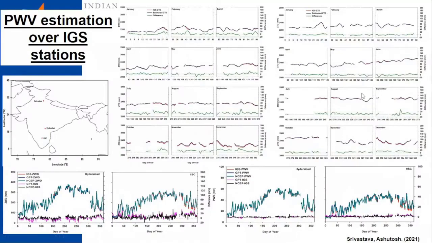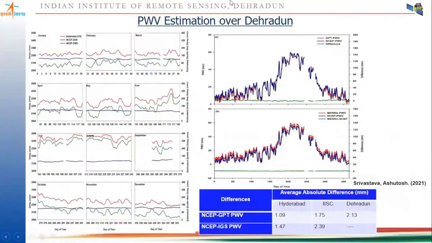Once we had proved and developed this complete mechanism, we also applied it to our newly established station at Dehradun. We can see here the estimated ZTD, and the ZHD and the ZWD, the hydrostatic delay and the wet delay. All these we have derived using the GPS observations.